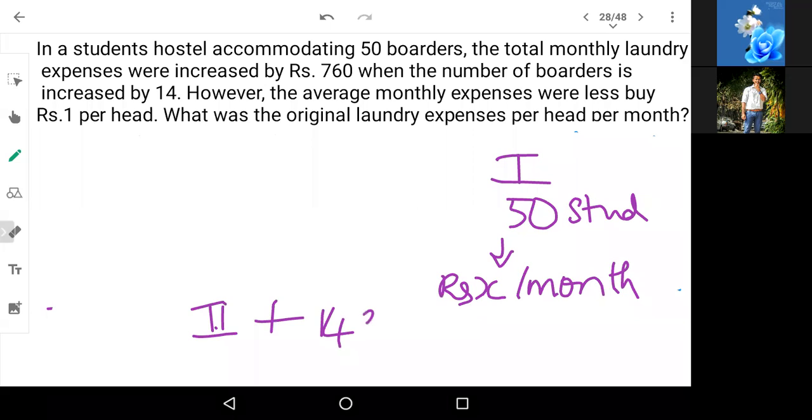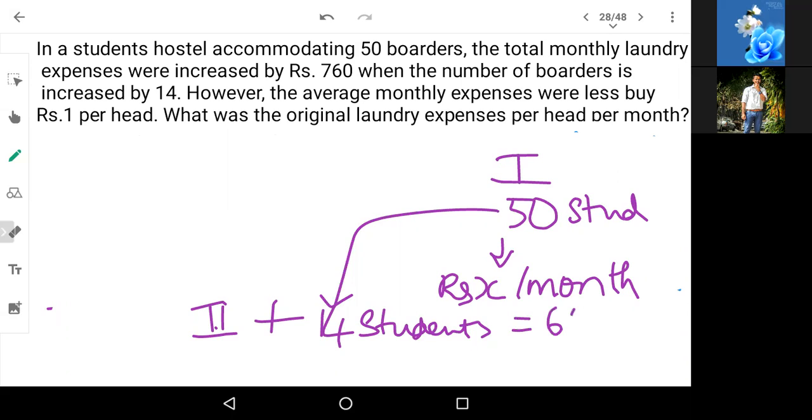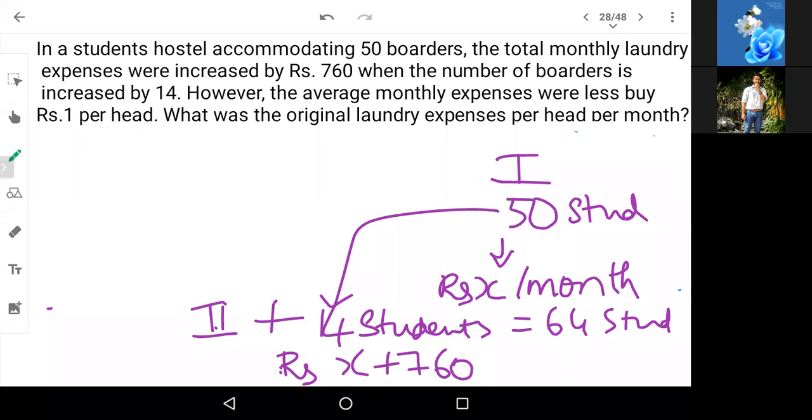Now there is an addition of 14 students, 50 plus 14. So there are 64 of them now. So for 64 students, the laundry amount has increased by 760 rupees.